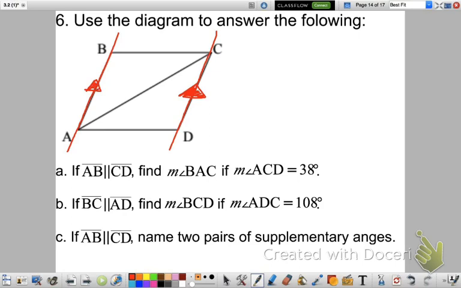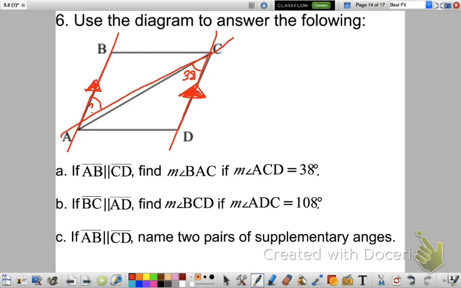Okay. We want to look at angle BAC. So this is angle BAC. So that means this is most likely our transversal. So if the measure of angle ACD is 38 degrees, what is the measure of angle BAC?